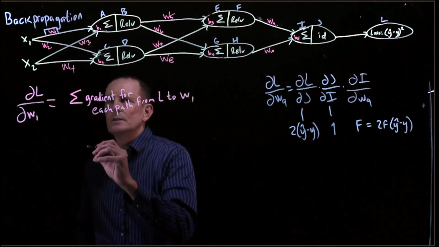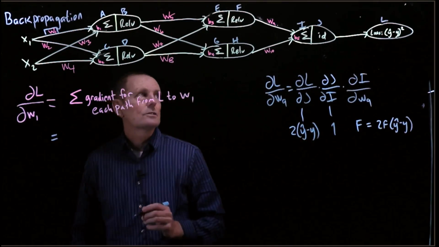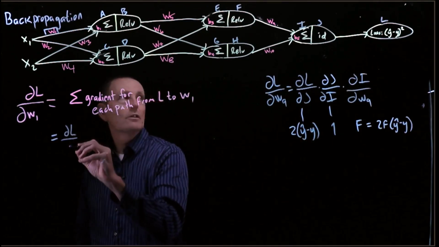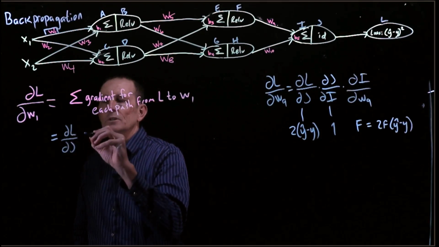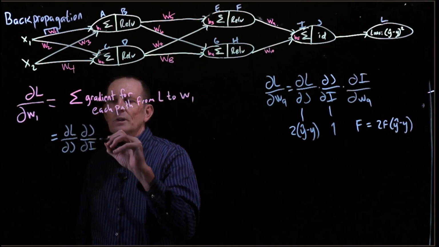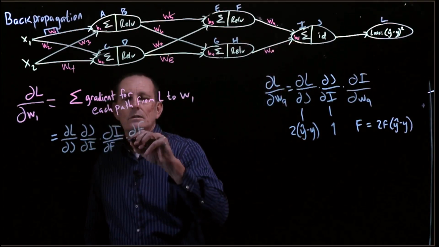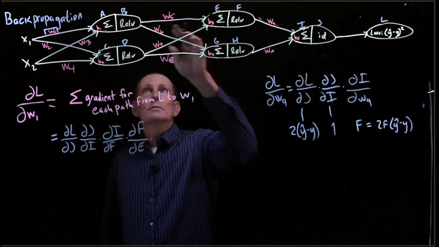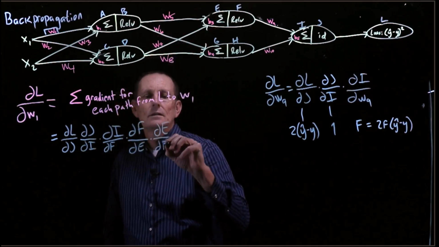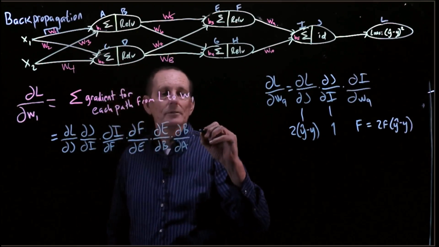So we're going to say this equals, and let's just look at the two paths, from L to J multiplied by from J to I multiplied by from I to F, from F to E, from E to B, from B to A, and finally from A to W1.